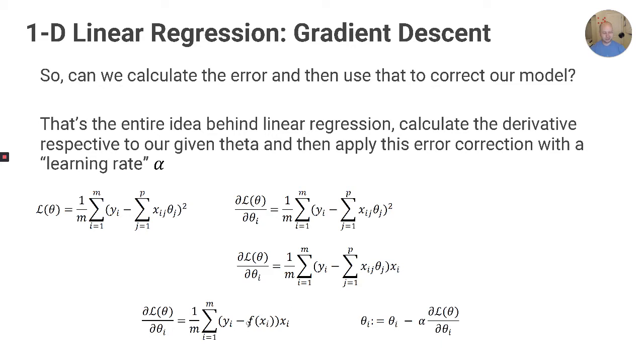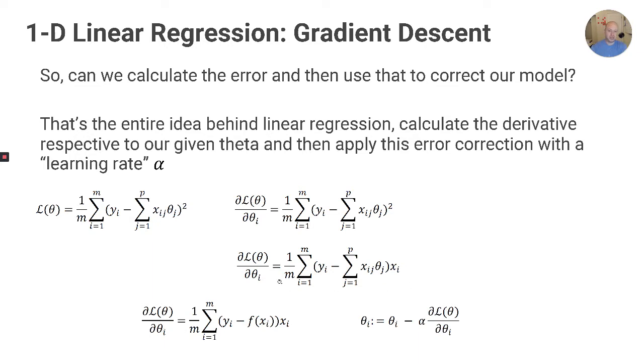A cleaner notation is down here, where you can see the derivative of the loss respective to theta i is equal to the correct y minus my predicted y times that particular x value, that x feature. And I do this for every theta that I have.